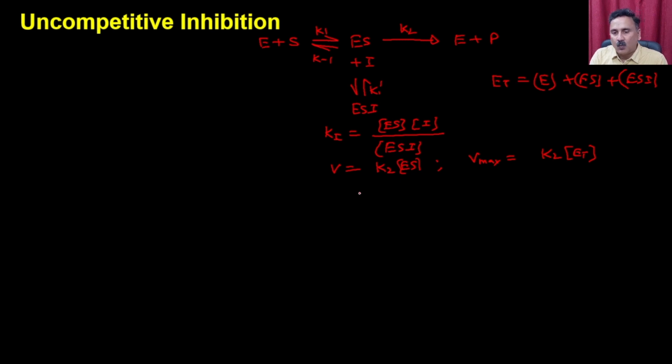So V by ET is going to be K2 ES, and instead of ET you are going to write E plus ES plus ESI, right? Now instead of writing the ESI, you can write the Ki, ESI and all that, and instead of ET you can write the K2 ET.